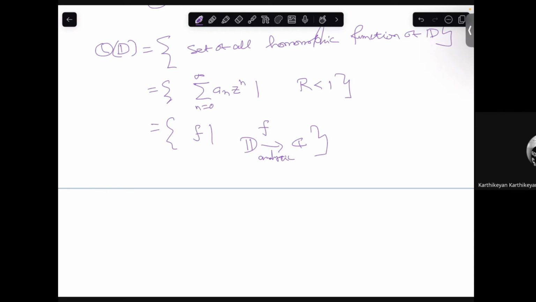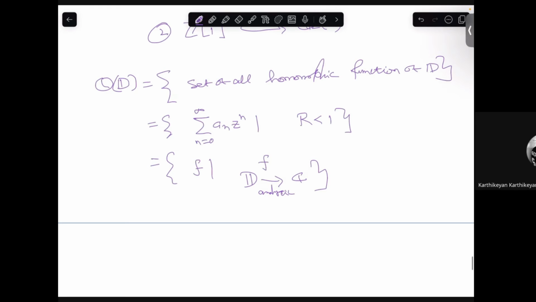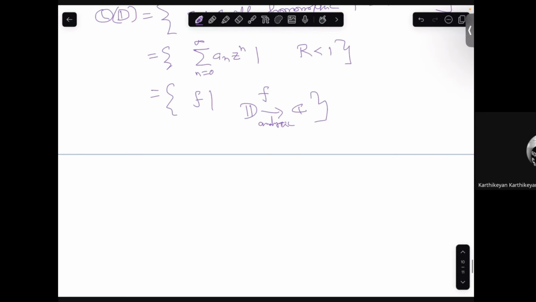This is actually a ring under addition and multiplication. In fact, this is actually inside the bigger ring, which contains non-unit, non-zero elements, zero divisors.